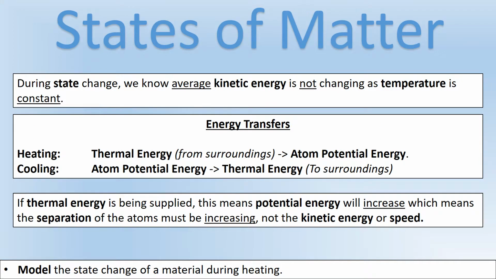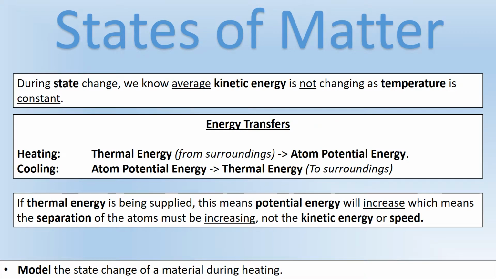Well, the first thing to realize is if temperature is constant, that means the kinetic energy of the atoms is not changing. So if we're supplying energy, it must be being transferred into a different form. And it's the other form of energy we had to start with, it's being turned into potential energy. So as we heat a material, what's happening is the separation between the atoms is increasing, or we're doing work to separate the atoms instead of increasing their kinetic energy.